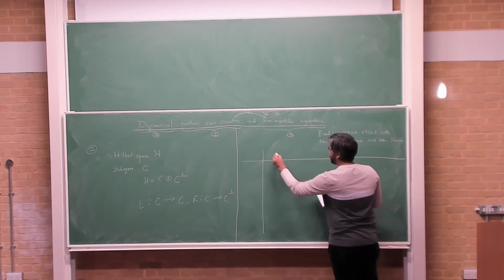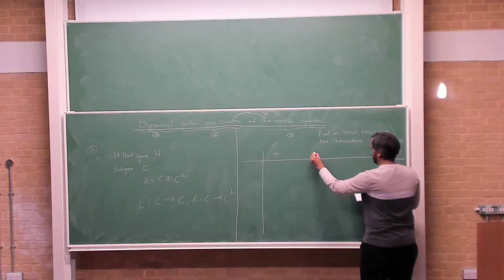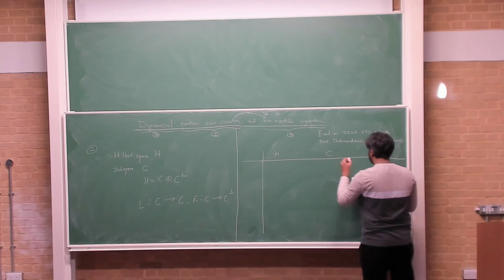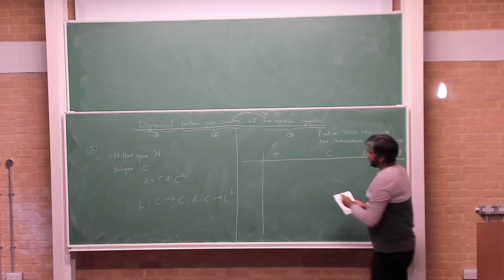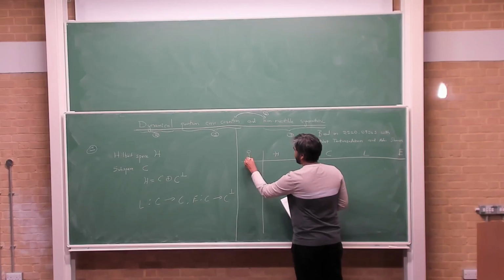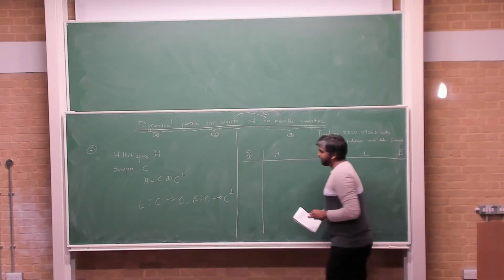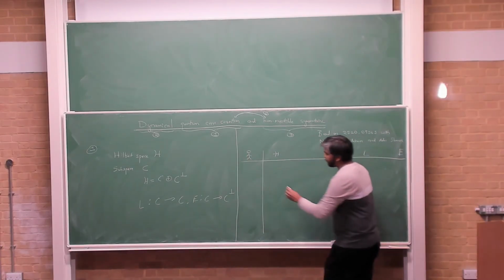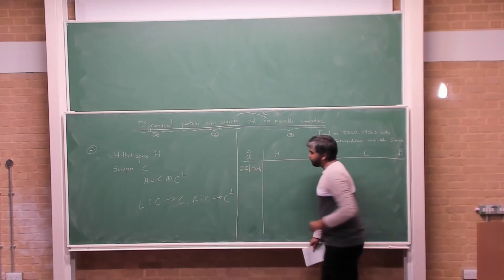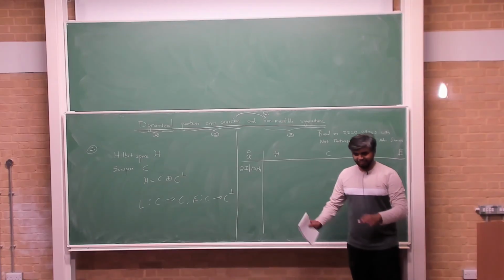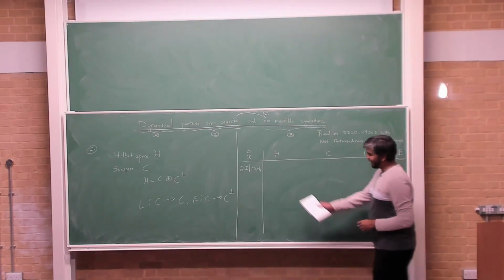For H, I have this C here, I have the L and E, and this is the theorist or experimentalist. Now suppose you are a quantum information theorist, or let me put mathematician along with quantum information theorist. I don't know if it's correct, but let me go ahead with that.